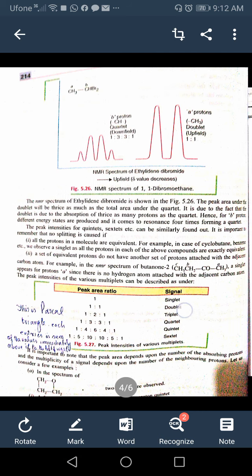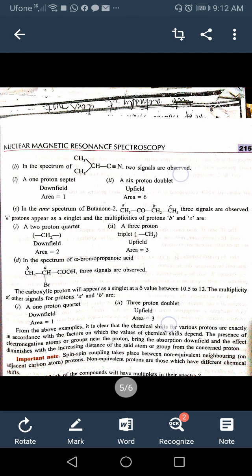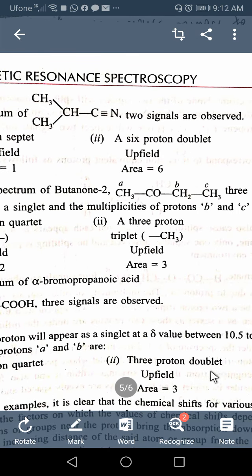This is the triplet for CH3 protons, and for CH2 protons it will be a quartet. n is equal to 3 and n+1 is equal to 4.